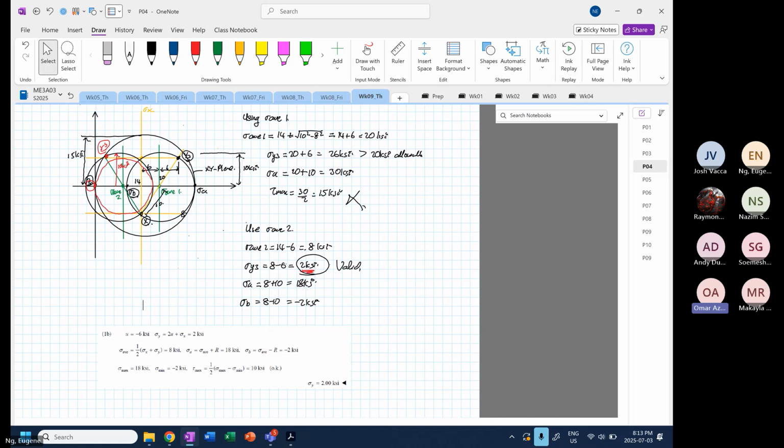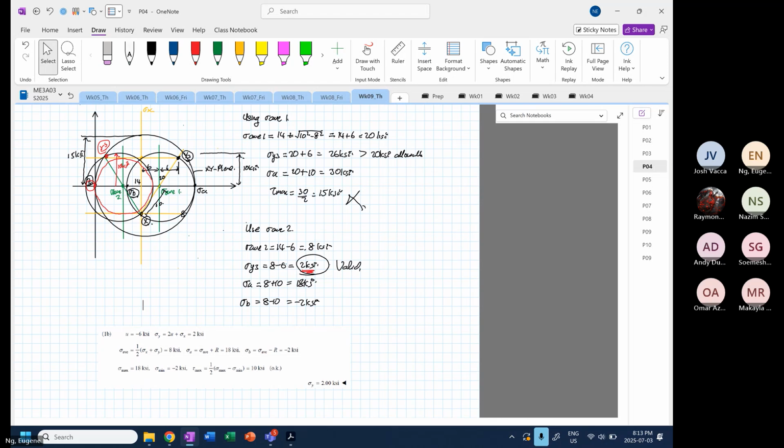There's another one that you can also draw where you set the edge of the circle at stress max, which is 20, and it touches point X. I'm not sure where stress B and stress Y are for that circle. Unless you went over that first, then I'll just watch the recording when it's done.